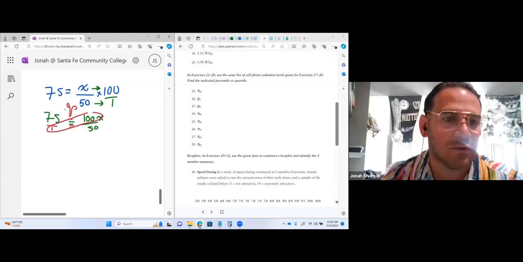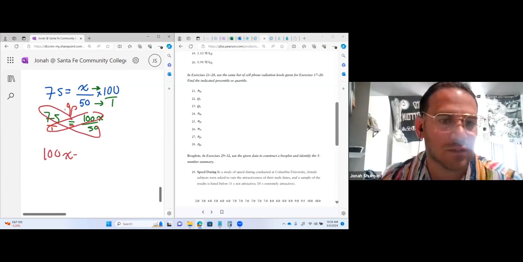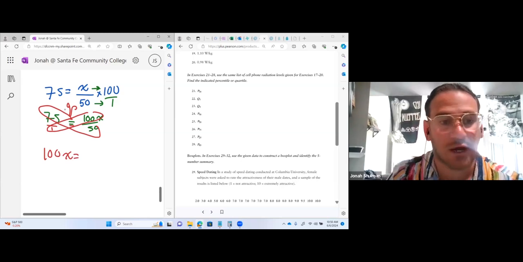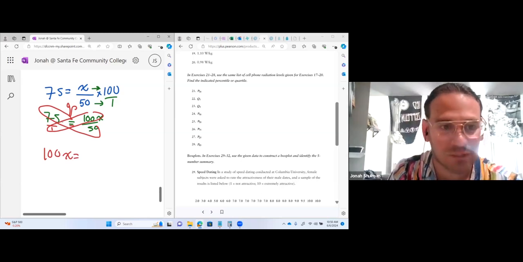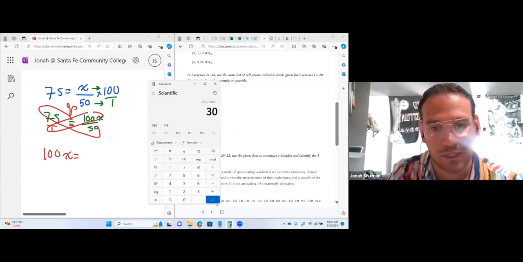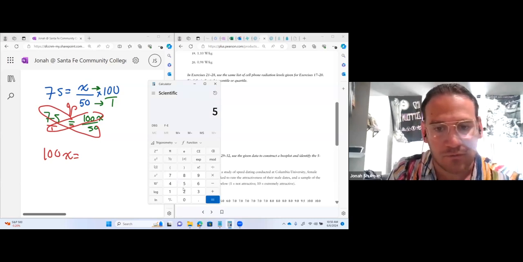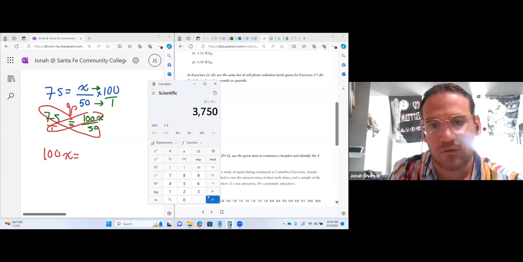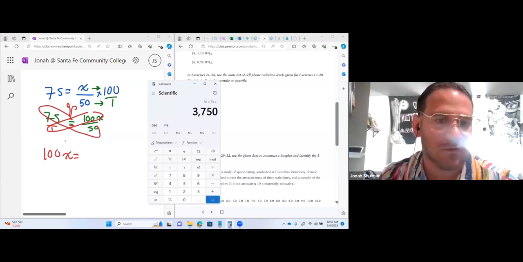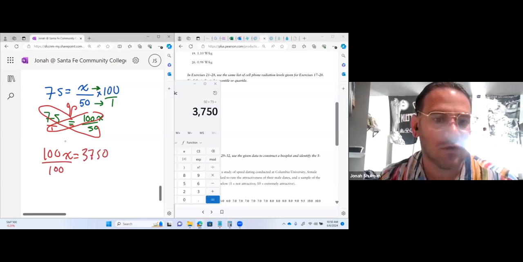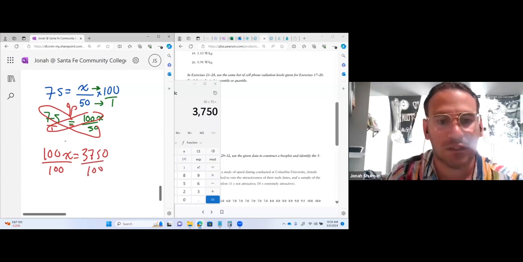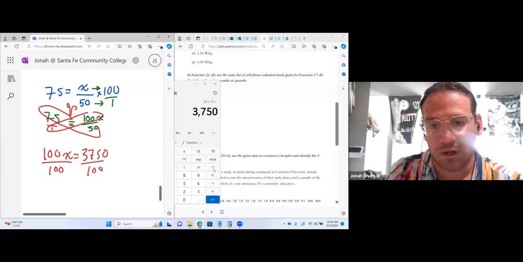Butterfly rhymes with cross multiply. 100x equals 50 times 75. If you can't do it, I do 5 times 75 and add the 0. But if you can't do that, 50 times 75, 3750. Divide by 100. And we know this value is going to be 37.5.